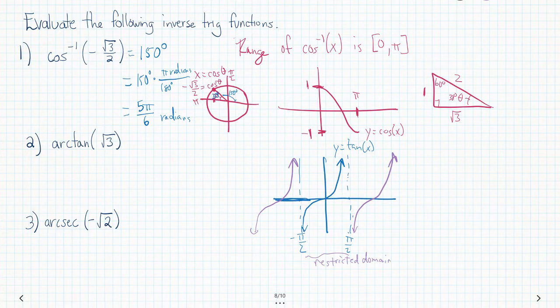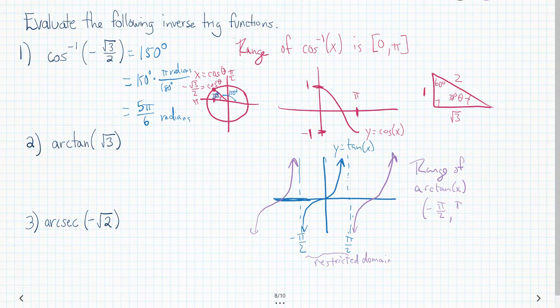So if that's our restricted domain, that means the range of arctangent of x, well, we'd never quite hit negative pi over 2 or pi over 2, so you have negative pi over 2 to pi over 2. Okay. And by the way, we can draw the graphs of these functions if you want to see those. It's pretty straightforward to do too.